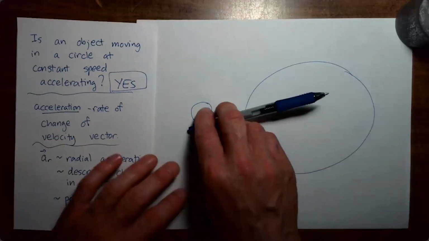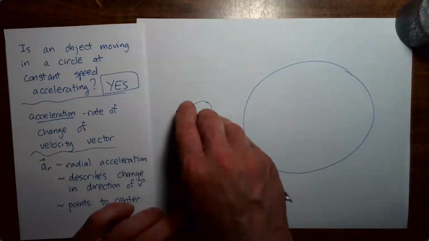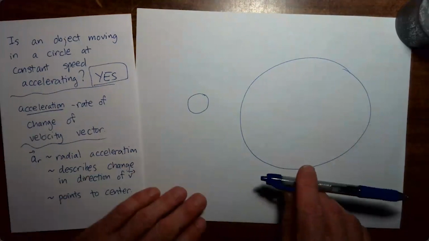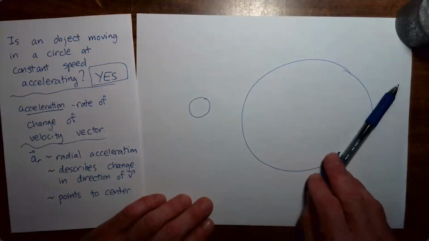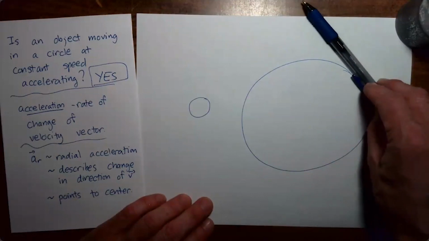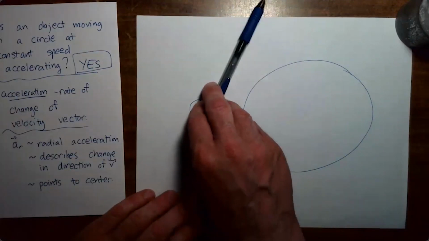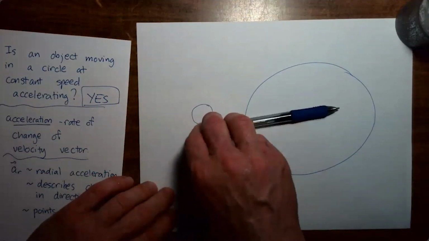Does the velocity vector swing around more rapidly when the object moves on the small circle at that particular speed? Or does the velocity vector swing around more rapidly when the object moves around the big circle at that same speed?